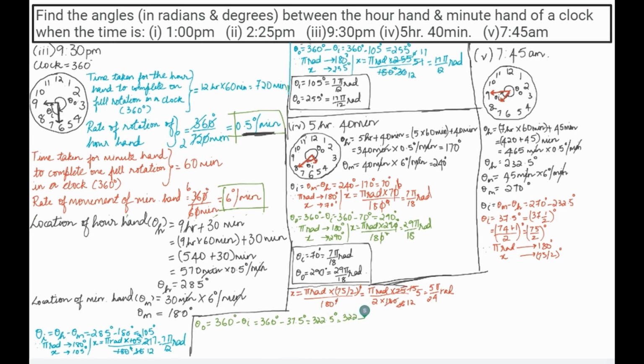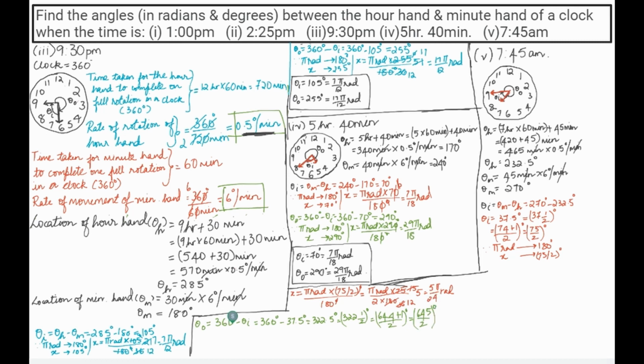322.5 degrees, which is equal to 322 plus 1 divided by 2 degrees, which is equal to 645 by 2 degrees.